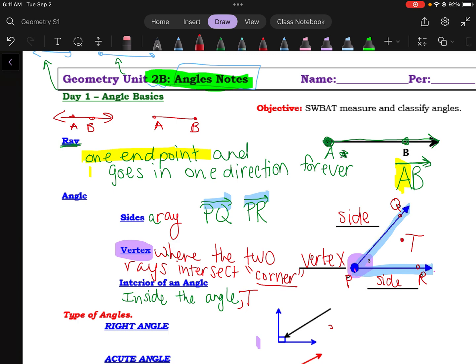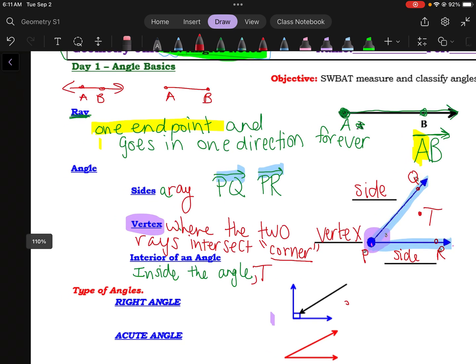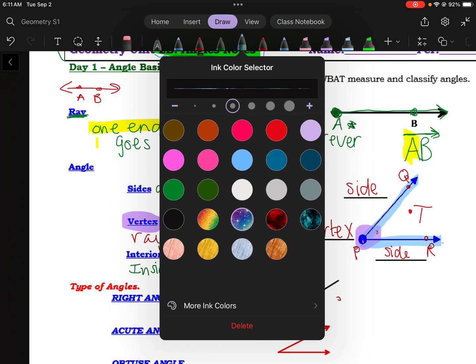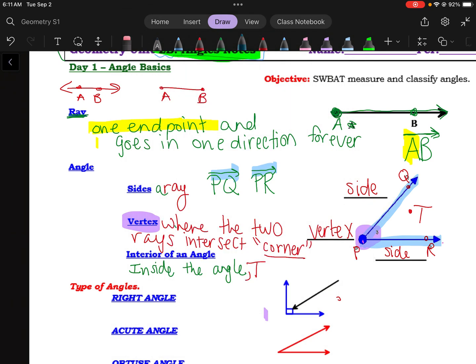All right, so now let's write down different ways to write an angle. The first thing I'm going to do is make this angle sign. It looks like an inequality sign, but it's an angle sign, okay? So how would I write this angle? I always need to make sure that P is the middle letter. I can write Q, P, R. And let's say that I want to go the opposite direction, R, P, Q. That would work too.